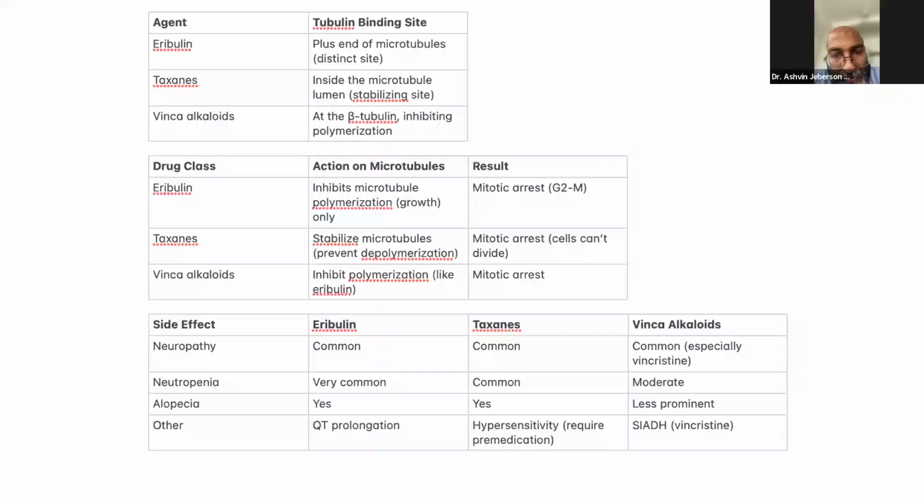But QTc prolongation is most commonly seen with eribulin, whereas with taxane it is normally the hypersensitivity reaction. But with vinca alkaloids it is always the SIADH, which happens because of vincristine. Whereas eribulin, taxanes and vinca alkaloids all will anyway cause neuropathy, neutropenia, and alopecia. Next slide, please.